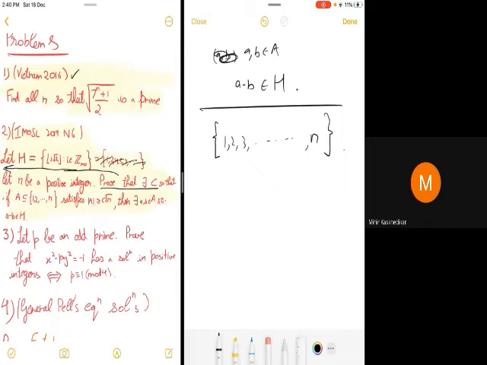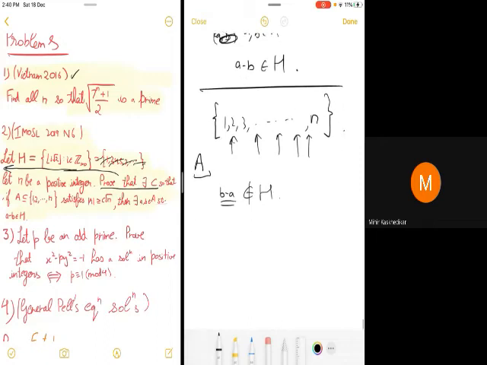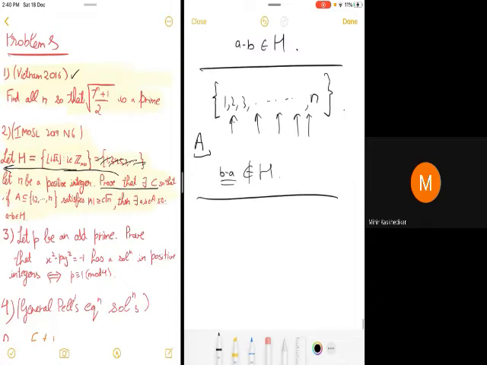We are trying to prove that there can't exist a very large set A in here, such that all its differences are not in H. So first, forget about H. Can you say that A cannot be very large?